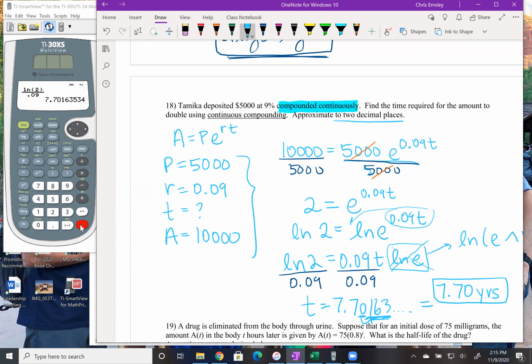It's 7.70163, etc. So I think some people would say that the more appropriate answer would be 7.71, because it will not quite have doubled yet by 7.70. But we would accept either answer for that one, unless your instructor tells you differently.